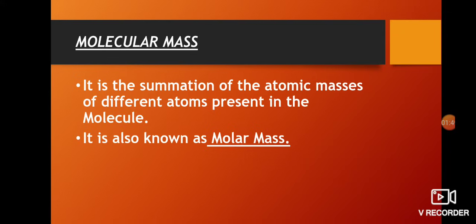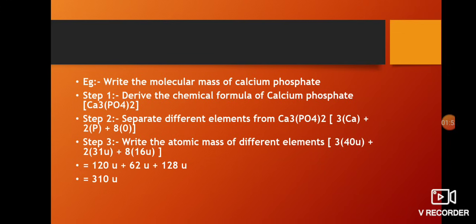known as molar mass. Now one example: we have to write the molecular mass of calcium phosphate. First step is that we have to derive the chemical formula of calcium phosphate. We already know how to make the chemical formula of any molecule.